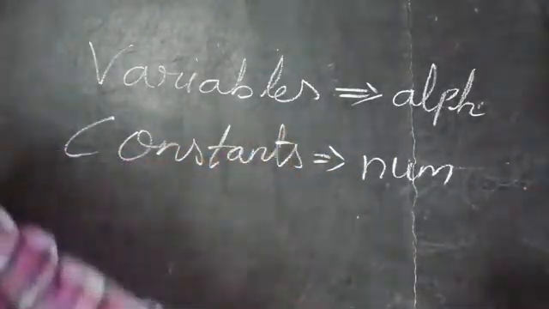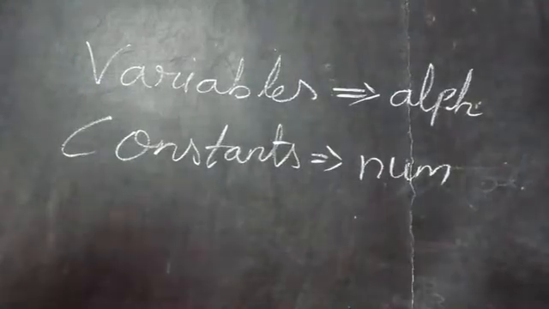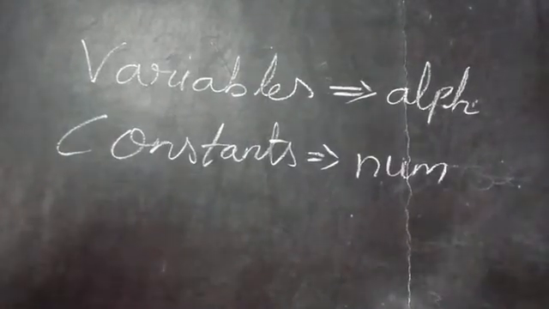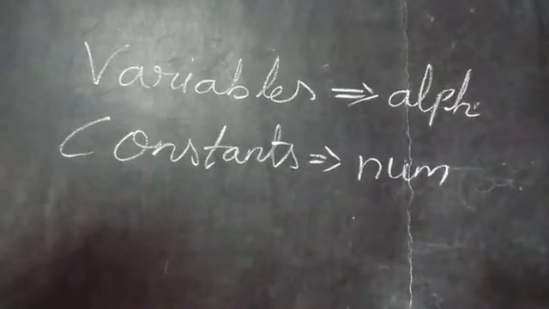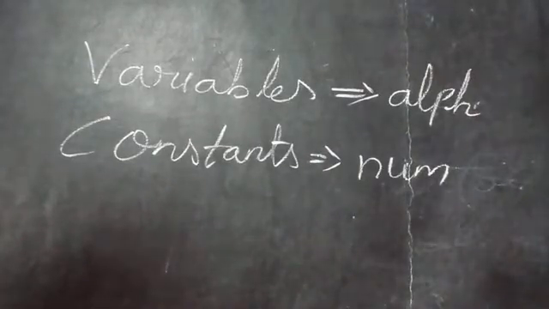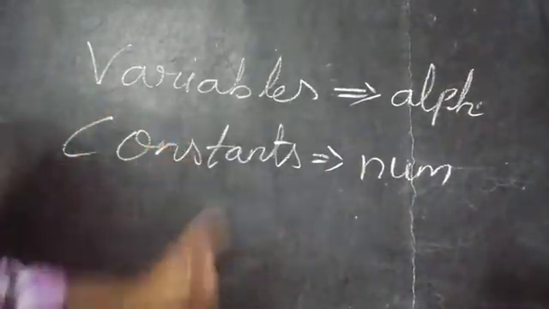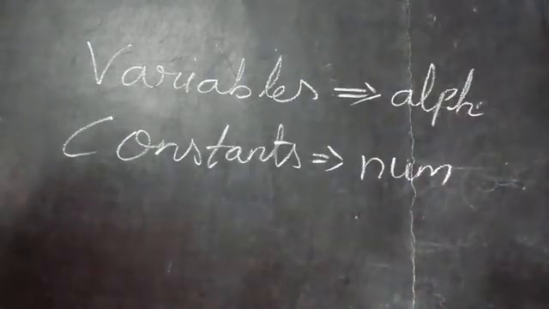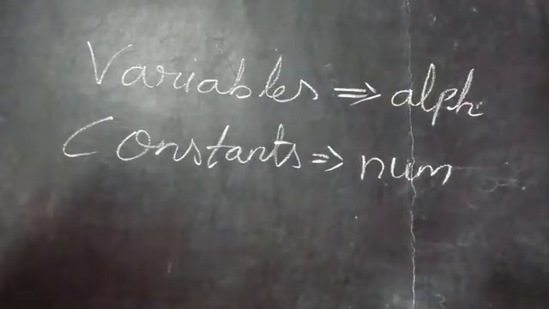All the constants are numbers: decimal numbers, natural numbers, whole numbers, whatever number you are representing. Each and every one we will call a constant. The other one is the variable, which is called an alphabet. A to Z, all alphabets are there, but O we are not taking, because sometimes it will be thought of as 0.